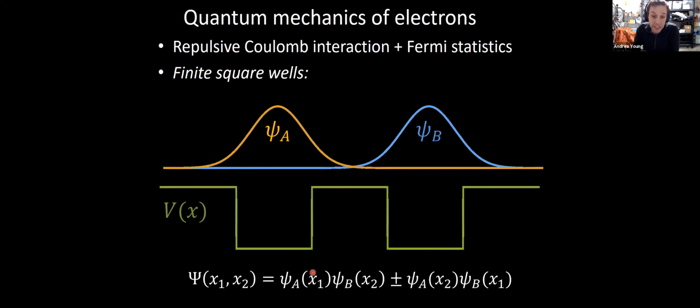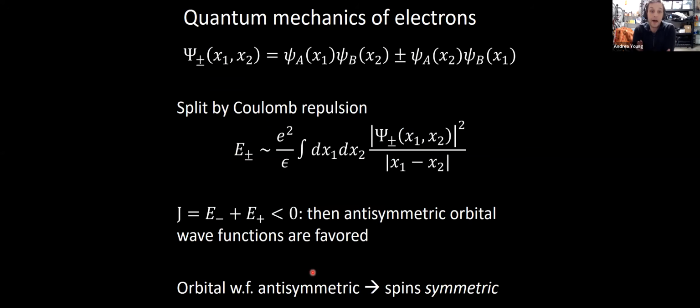And you'll find that there's actually an energy splitting between the symmetric and anti-symmetric combinations of those two wave functions. They're split by this Coulomb repulsion, and that depends on the details of, say, those wells.